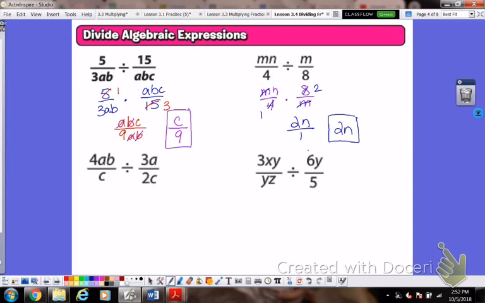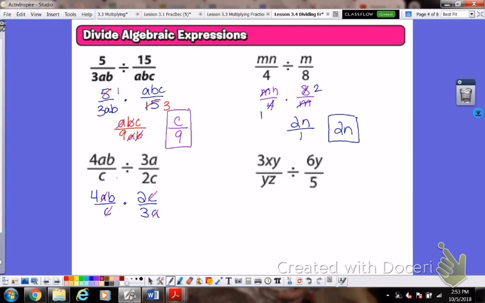All right, moving right along. 4ab divided by c times the reciprocal of 2c divided by 3a. Okay, well I see I have an a here and an a in my numerator, so my a's can divide out. I have a c in my denominator, c in my numerator, so those can divide out.